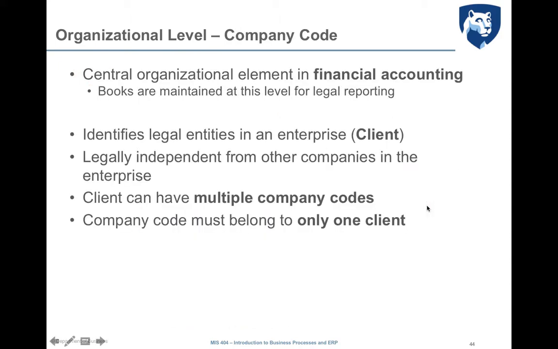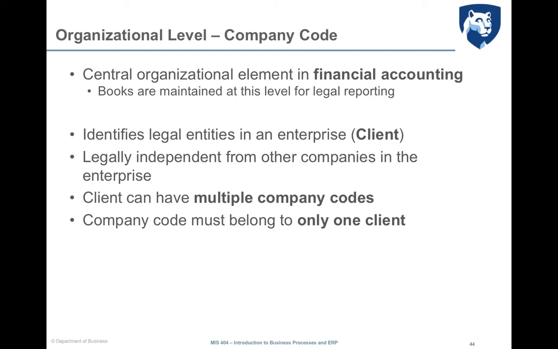The company code, instead, represents each company within the enterprise, so within the client. Each company code substantially represents a separate legal entity, and it is the central organizational element of financial accounting, meaning that each financial accounting document will be realized according to each company code, so each separate legal entity.